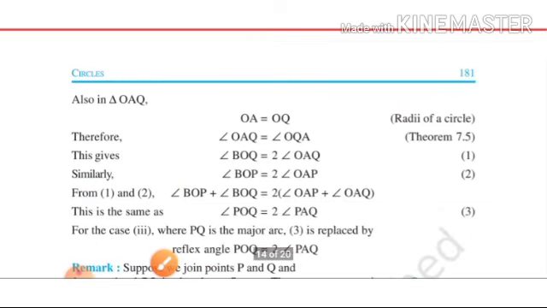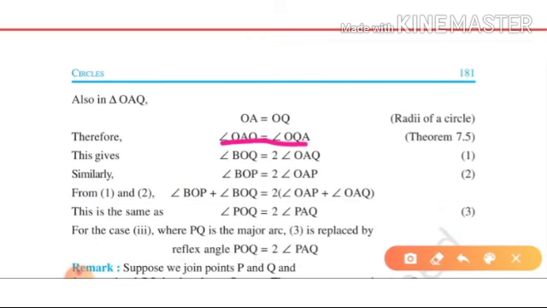So it is an isosceles triangle. We know if two sides are equal, then the angles opposite to the equal sides are equal.